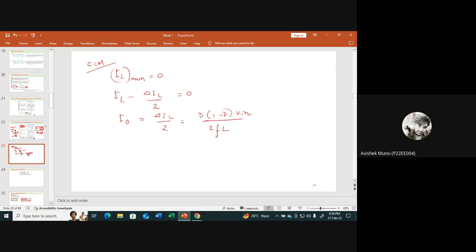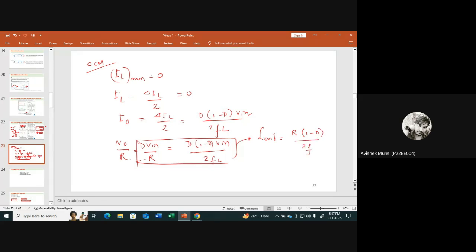Now I0 can be written as, since this is a DC, V0 by R, the load resistance, and we can also write it as D Vin by R. That is equal to (1 minus D) Vin by 2 F L. So equating these two, we get the critical inductance as R (1 minus D) by 2 Fs, where Fs is the switching frequency.